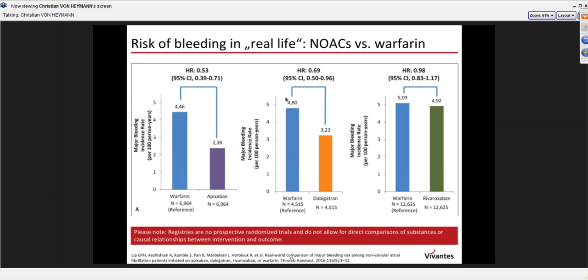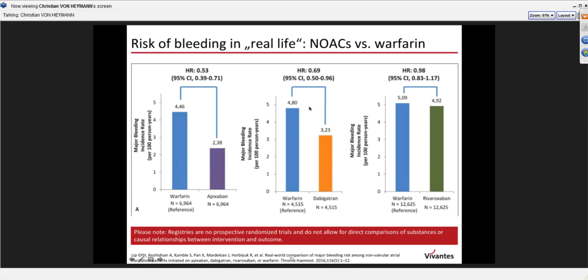And what is the situation with the real-life intake of NOACs compared to warfarin? This is also data concerning major bleeding incidents. Here you see comparisons between warfarin, which is always given in blue, and some NOACs, the apixaban, the dabigatran and the rivaroxaban. What you see is that the drugs are doing much better.